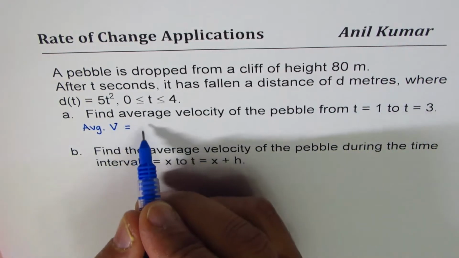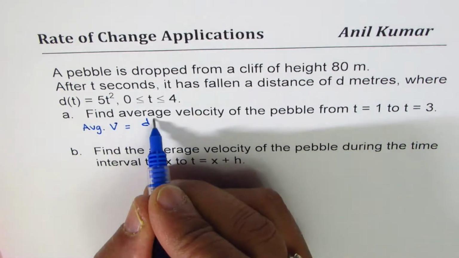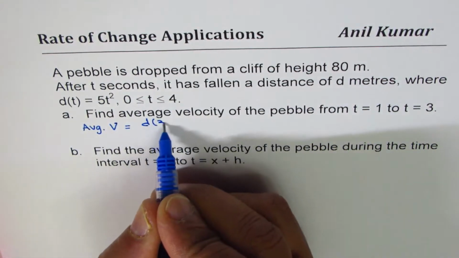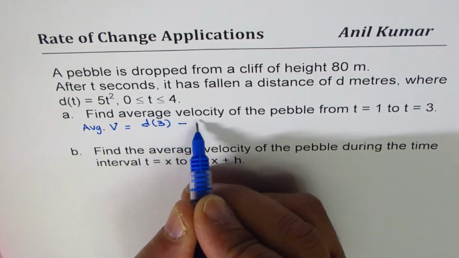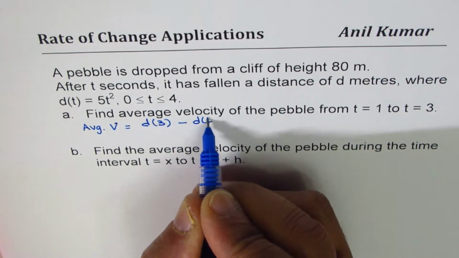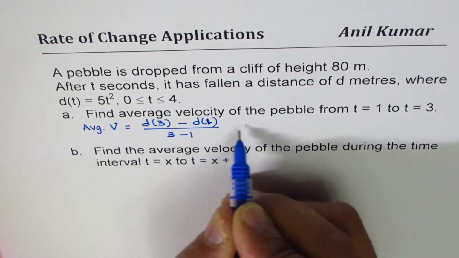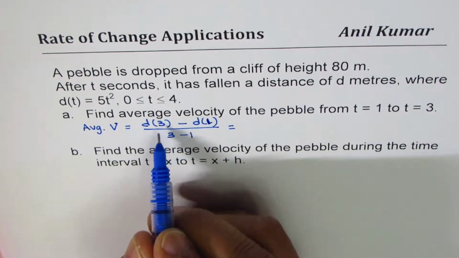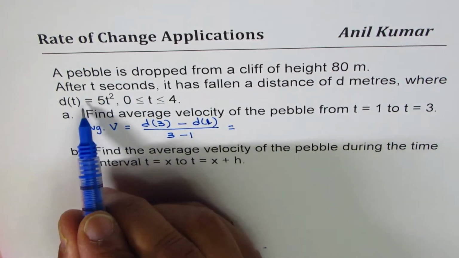That really means rate of change of distance in this interval. So distance at 3 minus, you can also call it position, back position, right? So t1, I would write 1, divided by 3 minus 1. Is it okay? Now you can get this position by substituting 3 in your equation, right?